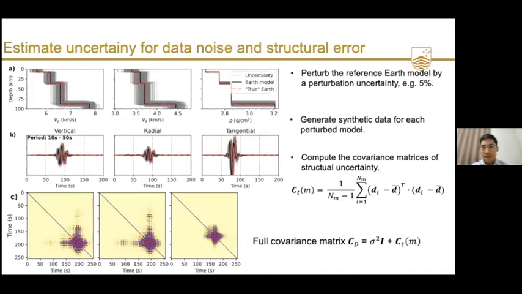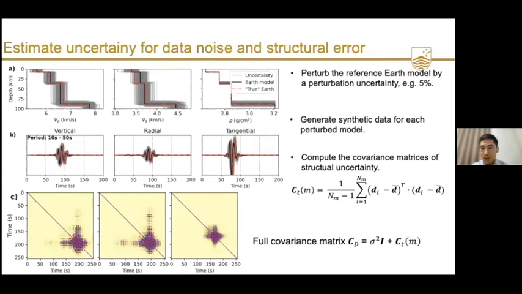After perturbing the Earth model 300 times with a given uncertainty percentage, say 5%, I get 300 structural models, shown in gray here. Then with these 300 models, we can calculate 300 waveforms for each station. We computed the covariance matrix of structural uncertainty, as shown in figure C.